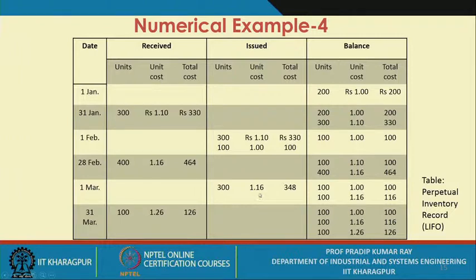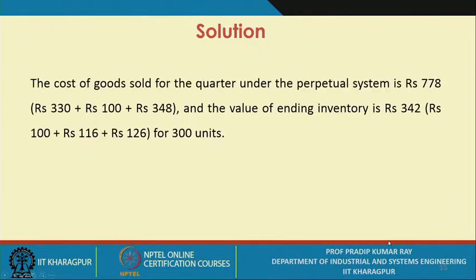So the latest one is 1.16, that is why it is charged at the 1.16 unit price. So you calculate the total balance, and again when you receive 100 units, they are added with the latest unit price of 1.26. So you add the total and you have this balance.